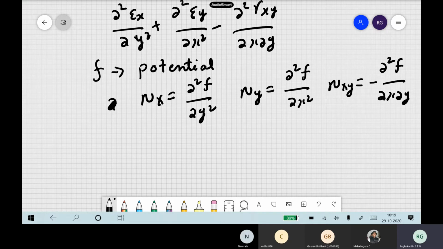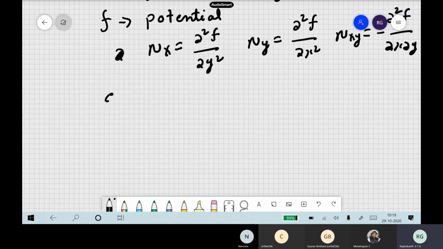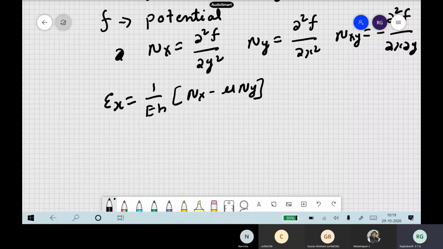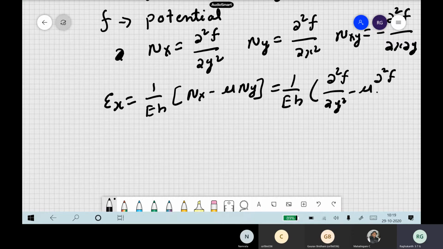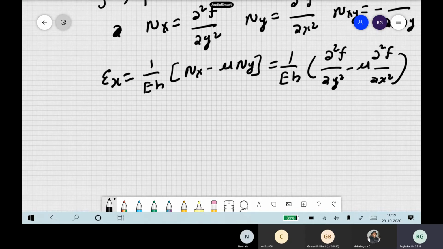So epsilon x we already wrote as 1 by Eh, nx minus mu into ny, you have to substitute. In the same fashion, 1 by Eh, then dou square f by dou y square minus mu dou square f by dou x square. Like that, epsilon x, epsilon y, you write all the equations in terms of f.